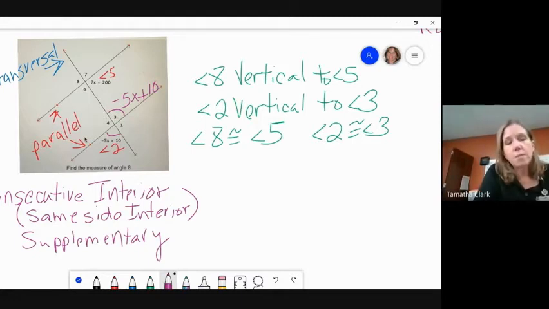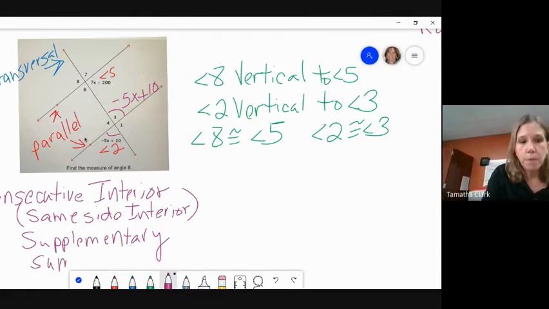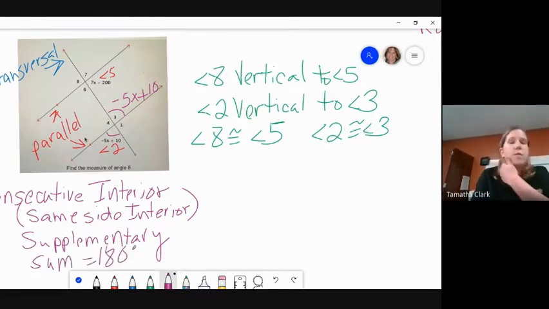Otherwise, the property does not stand up. Supplementary, of course, means that added together, the sum is equal to 180 degrees. So that's going to be our key to being able to solve this expression.